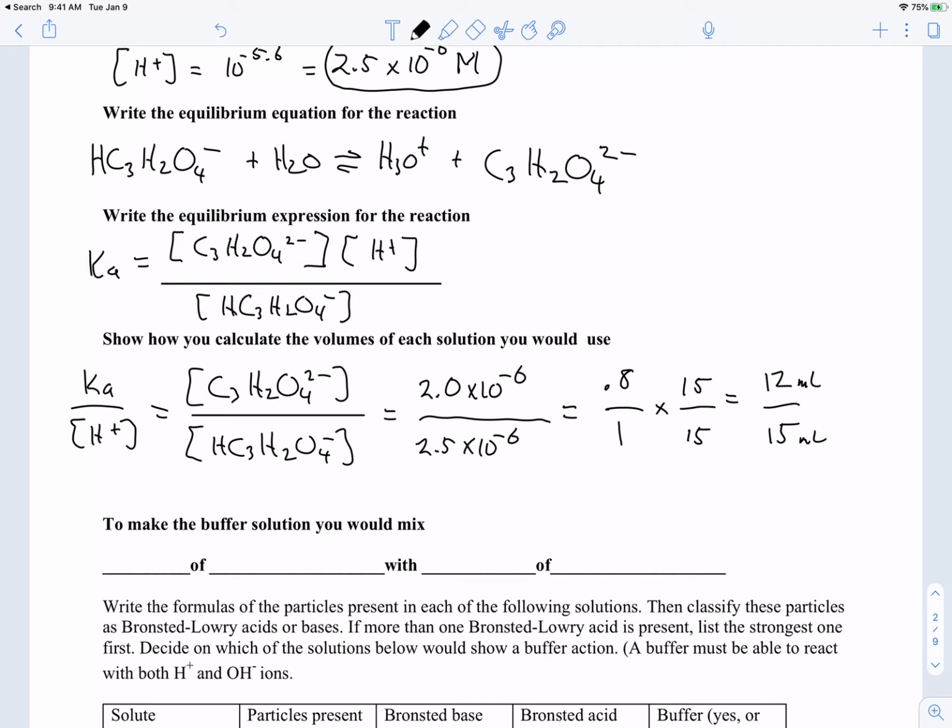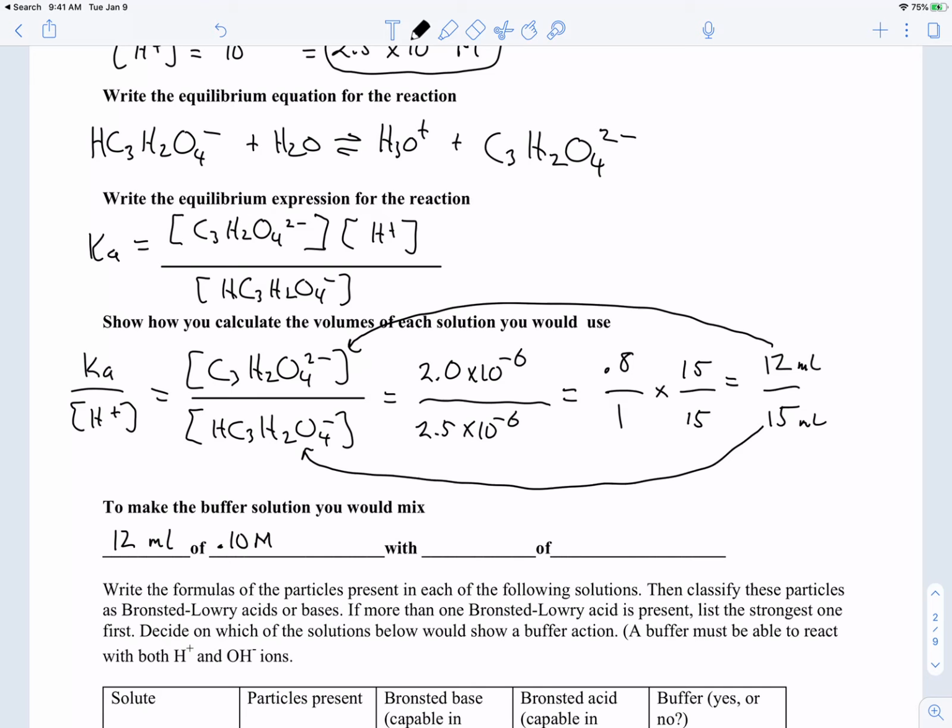So we don't want to get confused. That's going to be 12 milliliters of our conjugate base added to 15 milliliters of our weak acid. So we want to make sure we do this properly. All right, so we're going to add 12 milliliters of 0.10 molar. Those are going to be the solutions that are available to us.